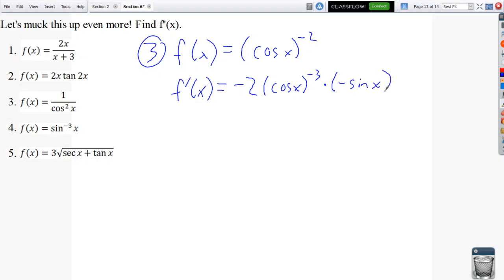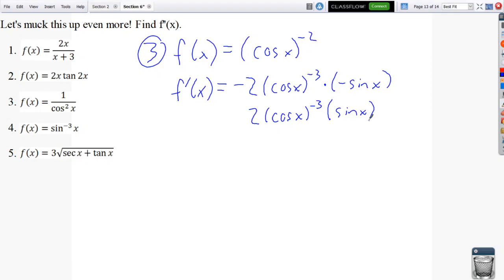Now I know I'm going to have to find the second derivative of this, so this looks just awful for me to write it like this. I am now going to go in and clean it up. I've got 2 cosine x to the negative third times sine of x.